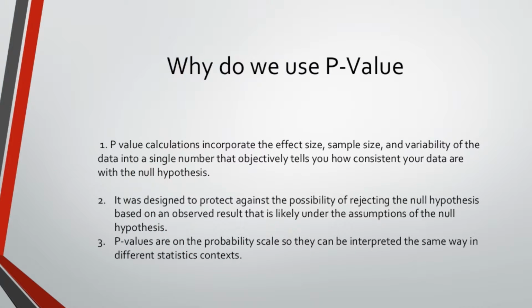And it was designed to protect against the possibility of rejecting the null hypothesis just based on an observed result. I gather some data and I say, oh, there was a difference, it must be great. I taught a class, the students learned something, there was a positive mean gain, it must be great, without taking into account the probability model.